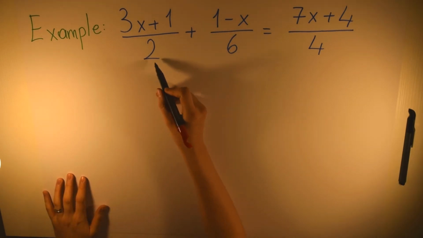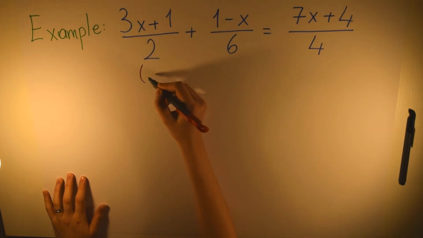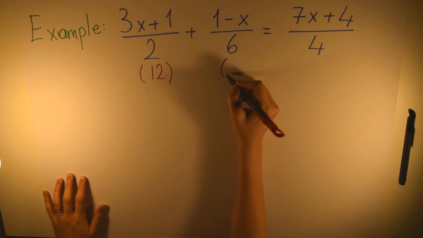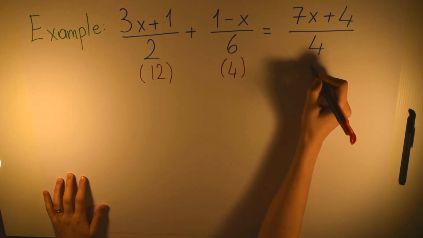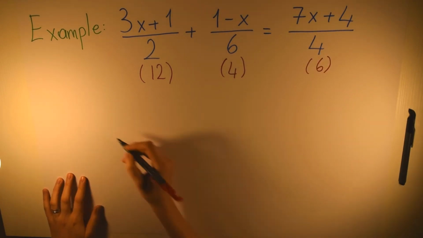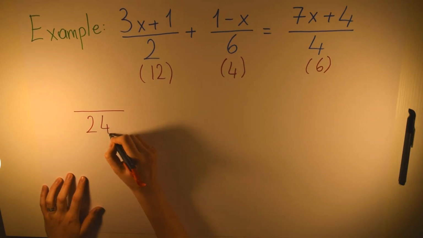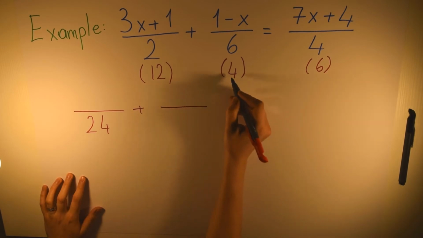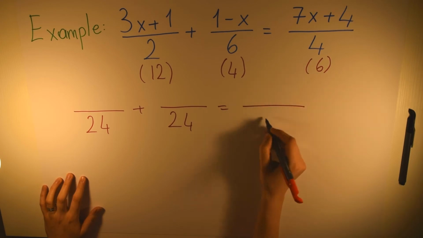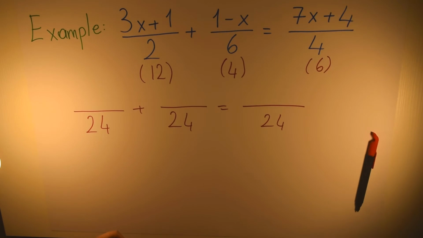So to make these 24, this fraction I have to multiply by 12, this fraction I have to multiply by 4, and this one I have to multiply by 6, right? So I write here, so 12 times 2, it's 24, plus 4 times 6, it's 24, is equal to 24, 6 times 4. So let me write with another marker.